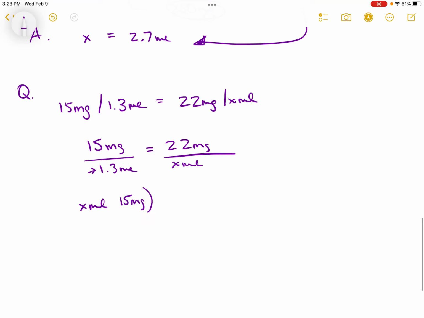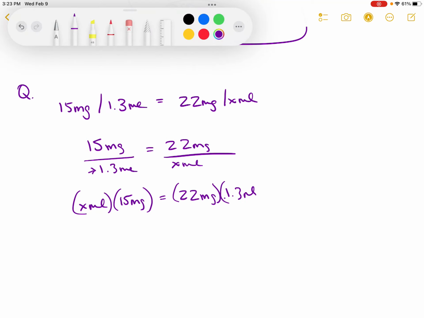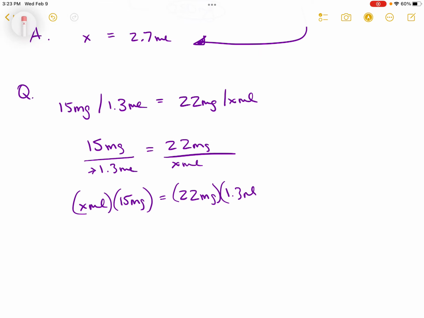Okay, so then X mL, 15 milligrams equals 22 milligrams and 1.3 mLs. Then we're going to get rid of the units.